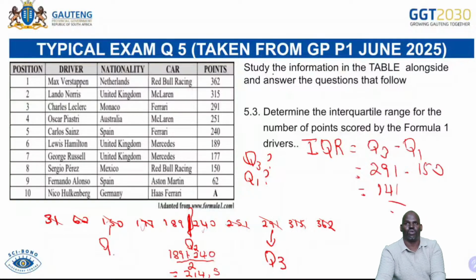So there's 141. Okay, so that is how you do it. Remember, with IQR or interquartile range, you must first determine quartile 3 and quartile 1. But obviously, there is no way that you can determine quartile 1 and quartile 3 before you find quartile 2, which is the median.